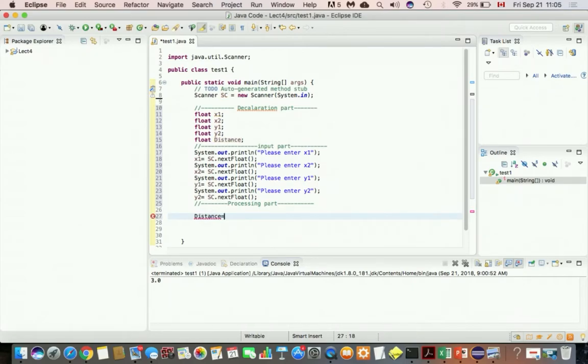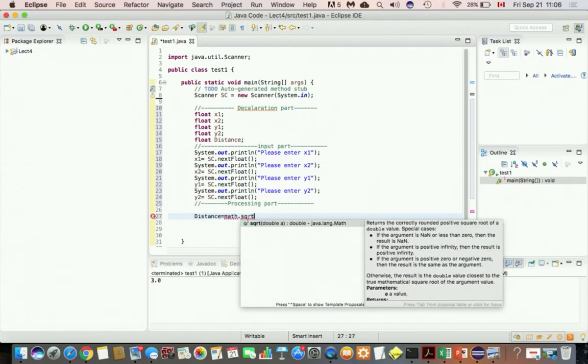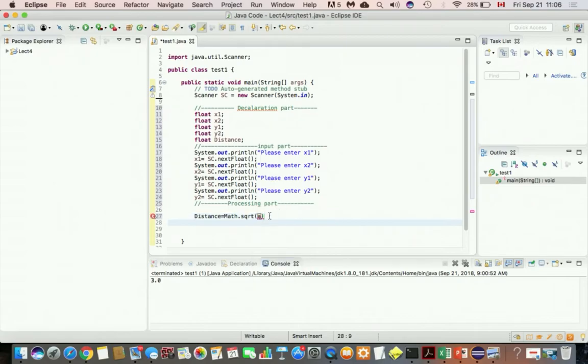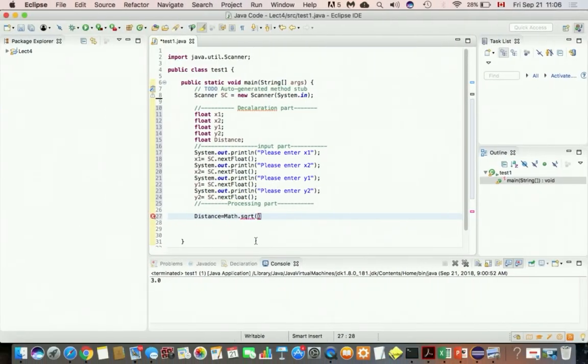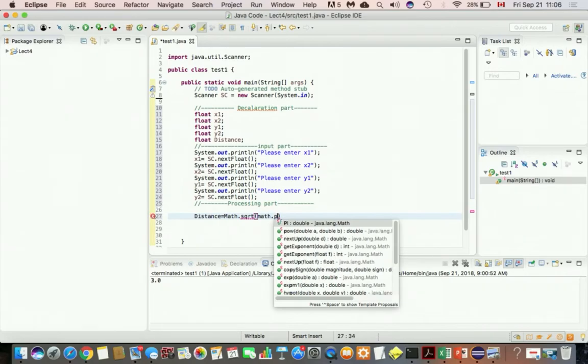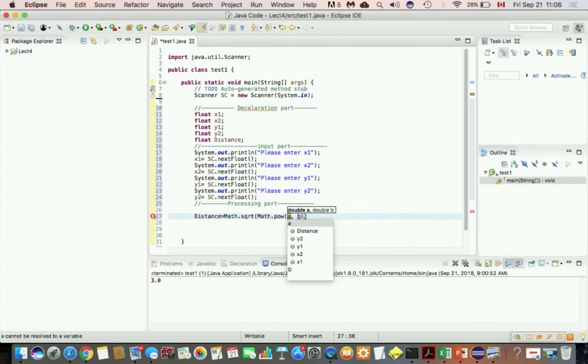Now I would like to construct the equation, and it is very important to take care about the parentheses. Open and close. So Math.sqrt, and whatever is between these parentheses should be my equation. What's the first part? x1 minus x2 or x2 minus x1? x2 minus x1, power of 2. How can I do this one? It is Math.pow, and here x2 minus x1, and I put this one between parentheses to know this one will be calculated together here, and this is 2.